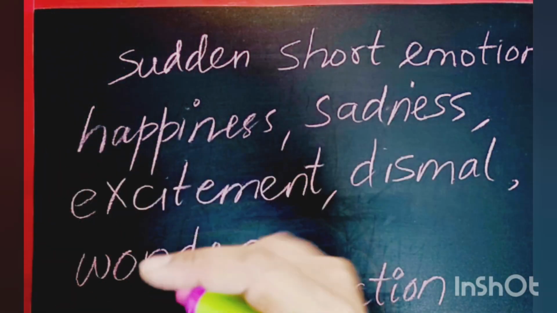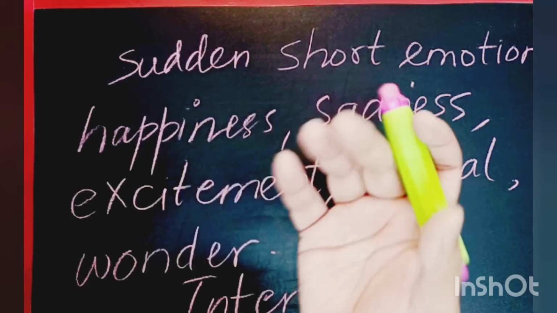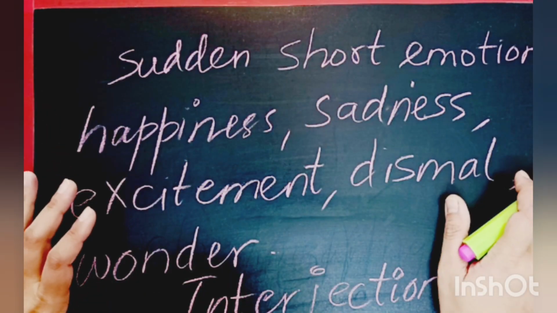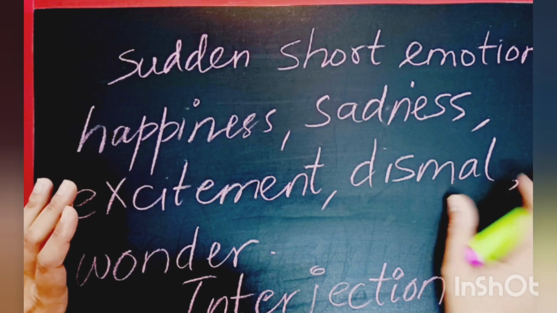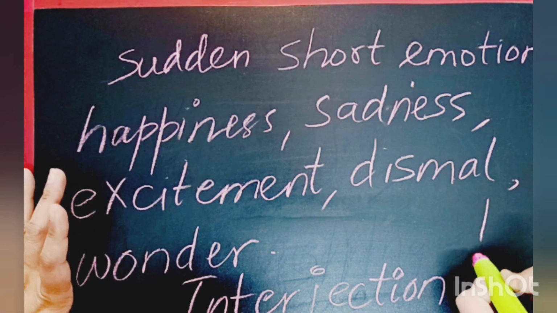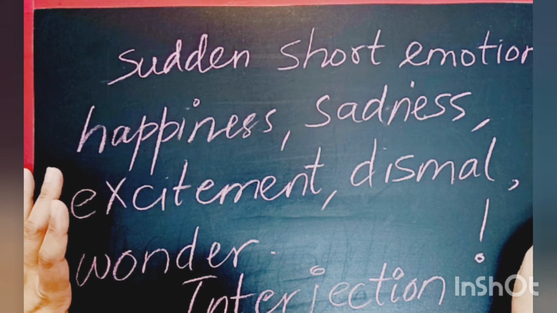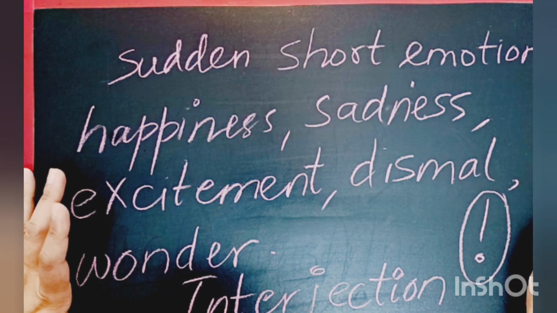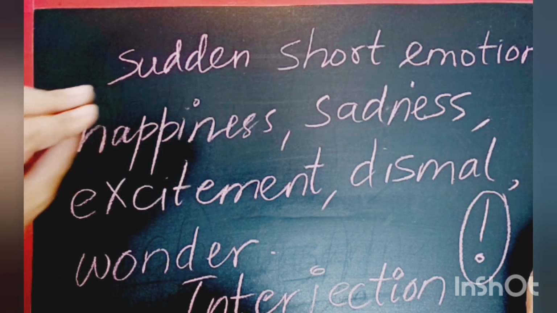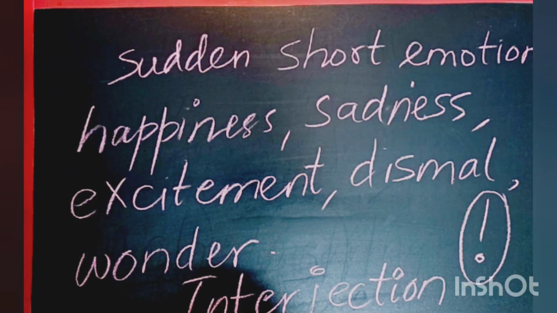When we write them in a story or something in writing, we use an exclamation mark after it to show that the emotions were sudden, the reaction was sudden, and it also teaches us that there is a little pause in the speaking.